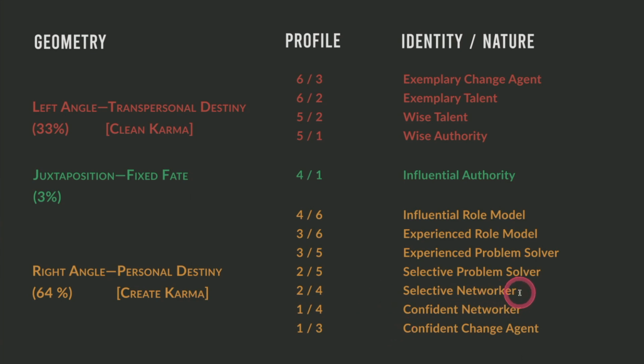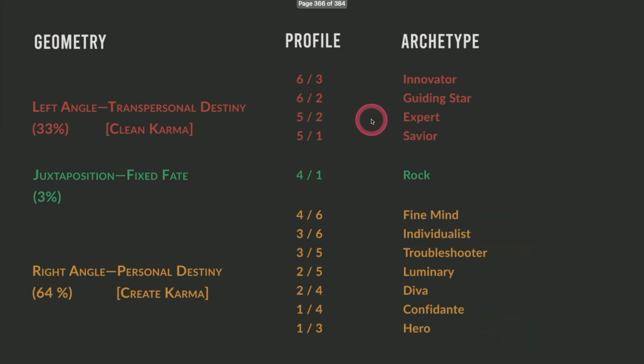Or a 2-4, a selective networker, right? The 4-6, an influential role model, the influential authority of a 4-1, right? So take note of your profile if you know it, and see if one of these keynotes isn't a little more pleasing to your ears and your ego. And then the 64 keys actually goes on and identifies an archetype for each of these, right?